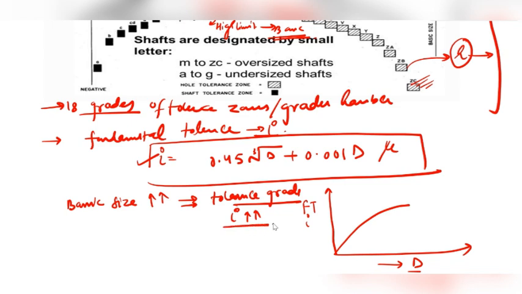So that may lead into a problem. What problem is there? Suppose the basic size increases from 25 to 27 mm, then the tolerance will change.